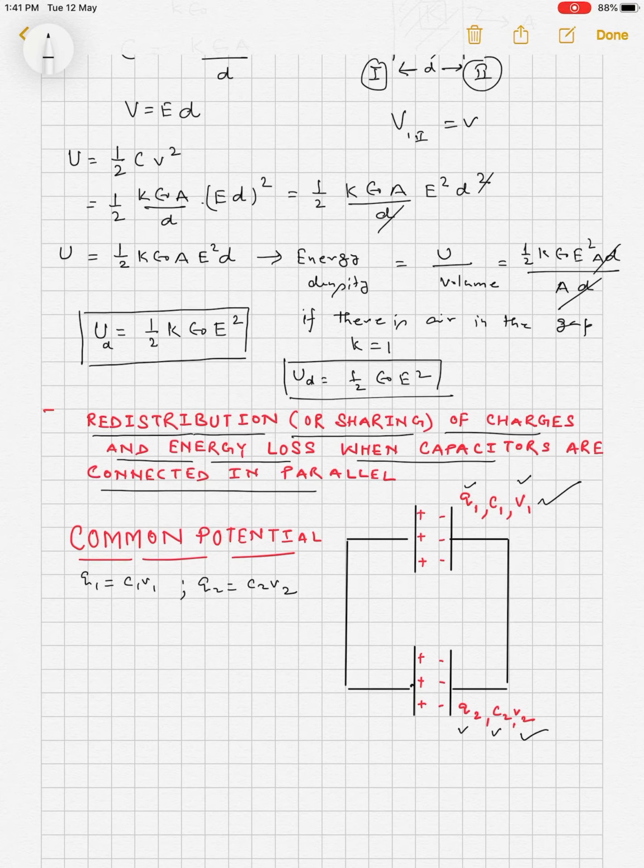So when these are connected, because they are at different potential, the charge will flow from a plate which is at higher potential to lower potential until the potential becomes same.